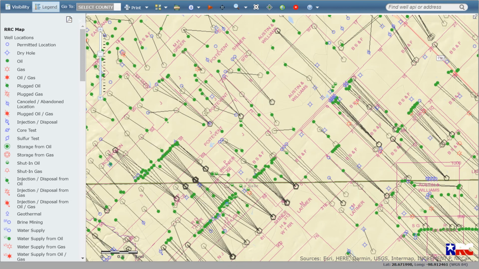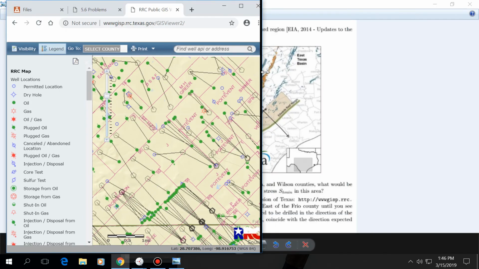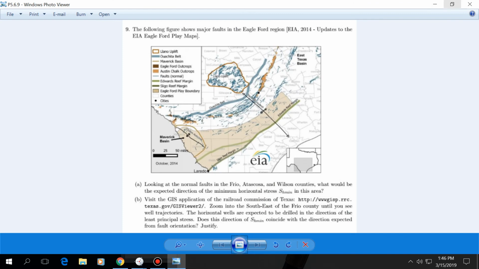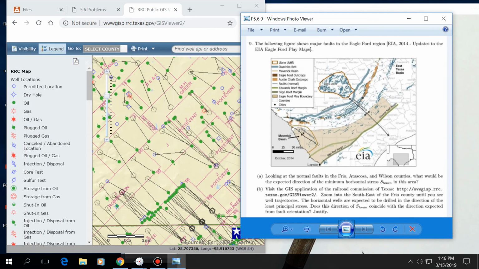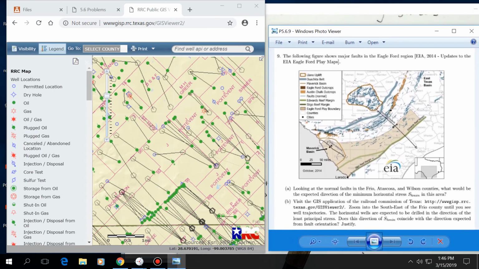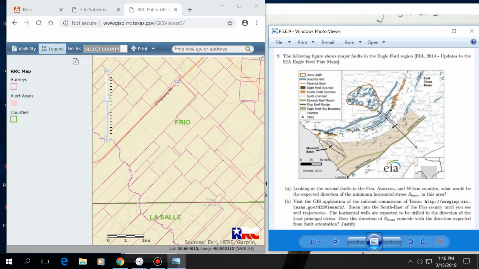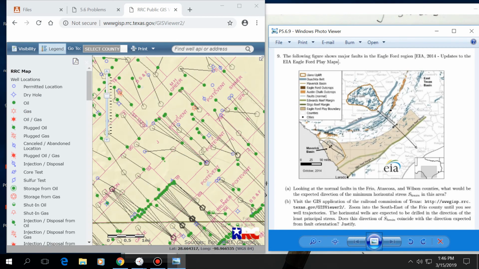So now let's look at those together. Did these companies in here drill the wellbores apparently in the right orientation? Or does that coincide with what you see from the faults?